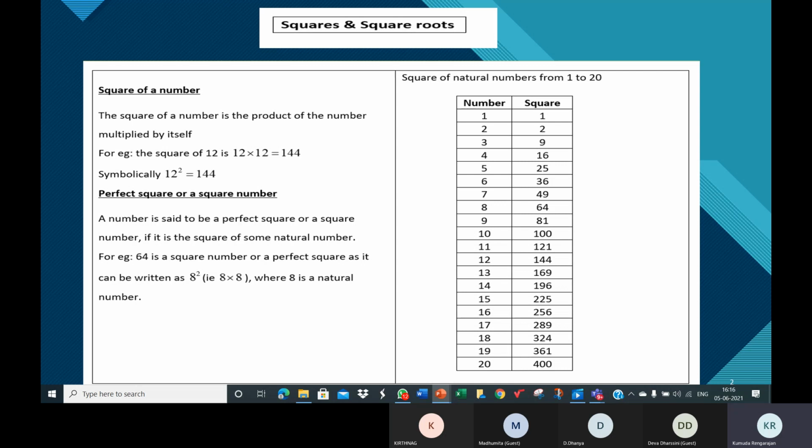Is that right, children? Yes. What is the square of 3 by 11?